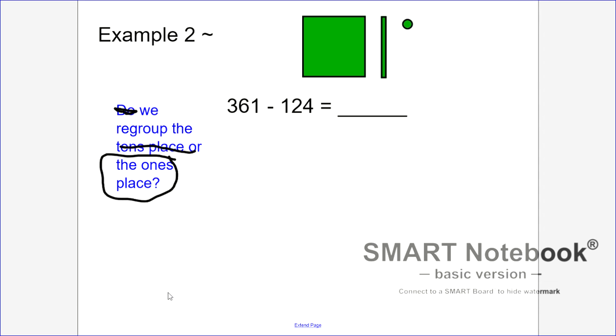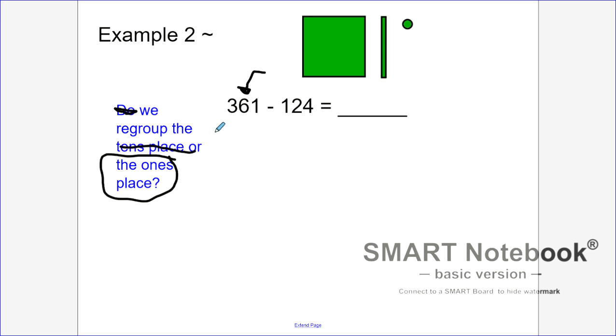We have the same problem, 361 minus 124, and we know that it's the ones place that we're going to need some extra ones. In order to do that, we're going to take from our 6 tens, and we're going to change that. Not in the number, it'll still be 361, but we're going to change the way that we draw it.